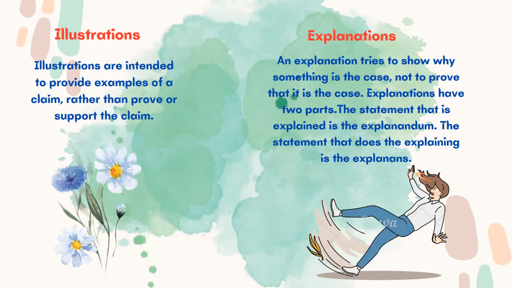The statement that does the explaining is the explanans. I give an example. For example, I fell down because I tripped. The first part is the explanandum, and the statement I tripped is the explanans. The reason why he or she fell down is that they tripped.